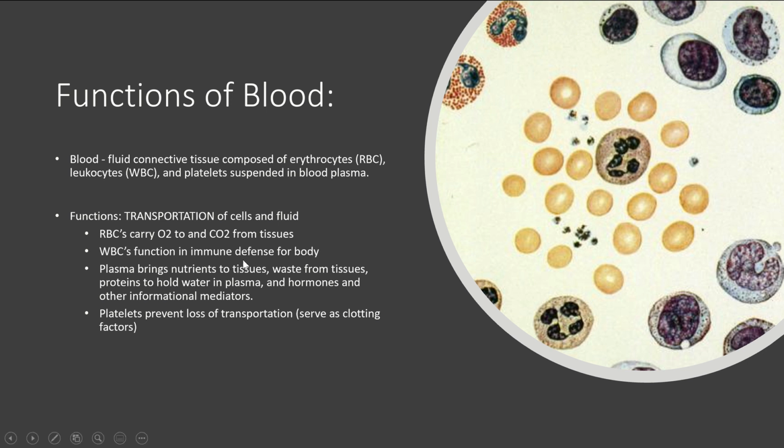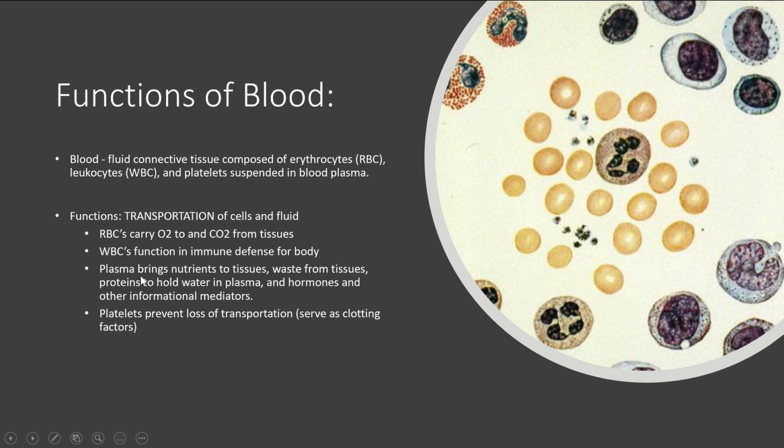So immune defense, so anything that your body deems as foreign, whether that be a bacteria, some kind of allergen, a pollen, any kind of cell that is not a part of your body or what it recognizes as a part of your body, it will attack. Okay, so that's what your white blood cells do, and they all have different roles in that, but they all do work together for immune defense for your body.